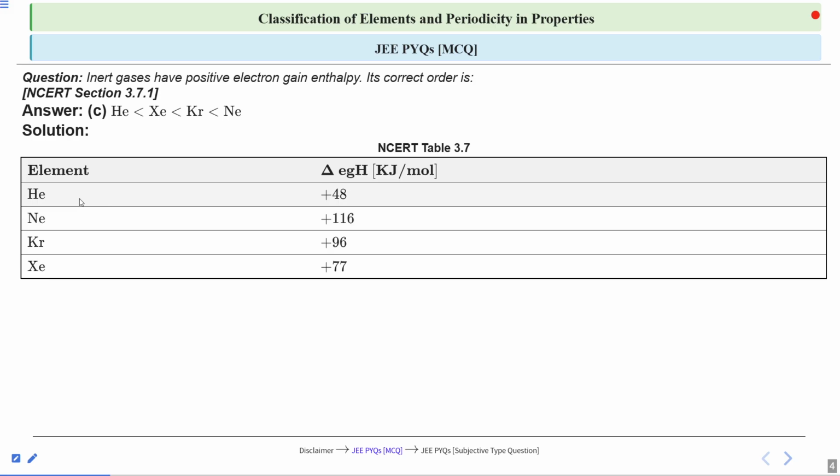Now, it is very difficult to rationalize this trend as it is not following any absolute rationalization. So what you will do in this case, you have to learn this trend. Starting from helium, xenon, krypton, and then neon.